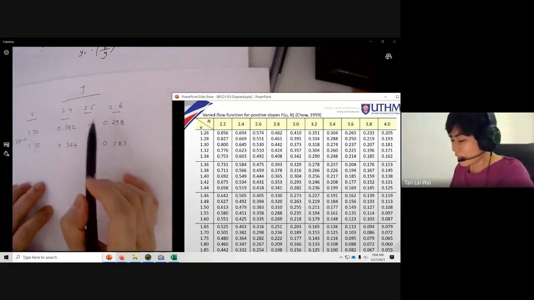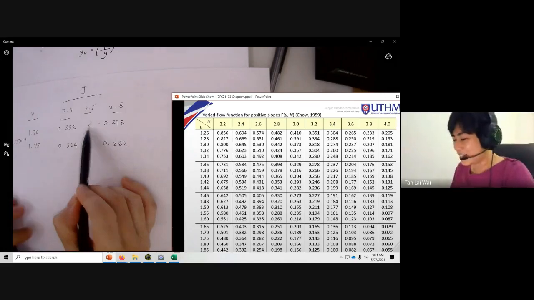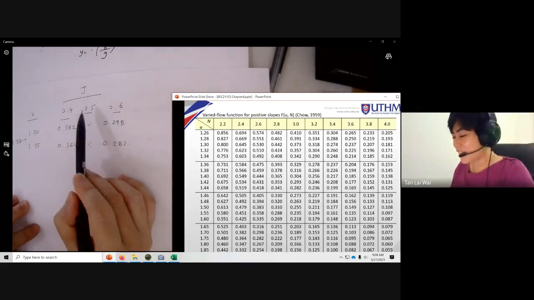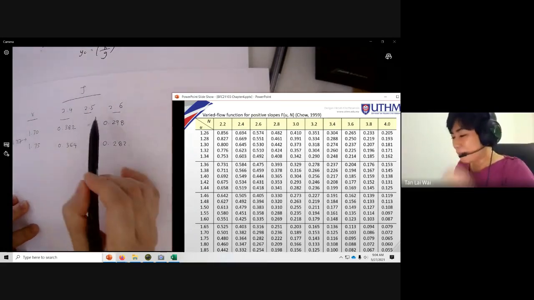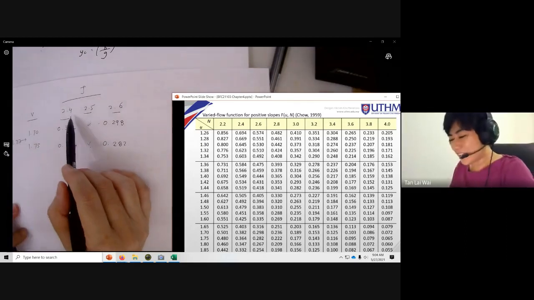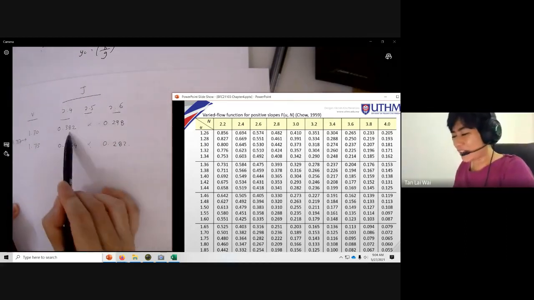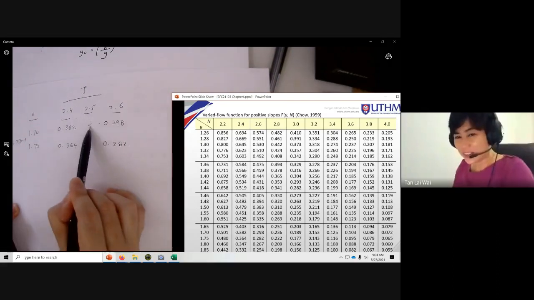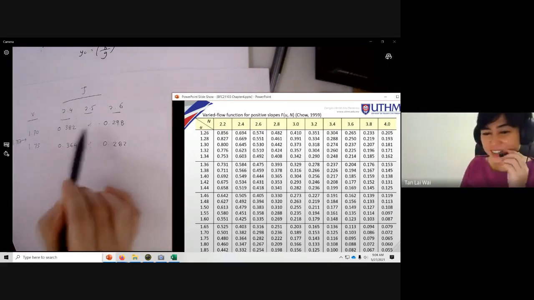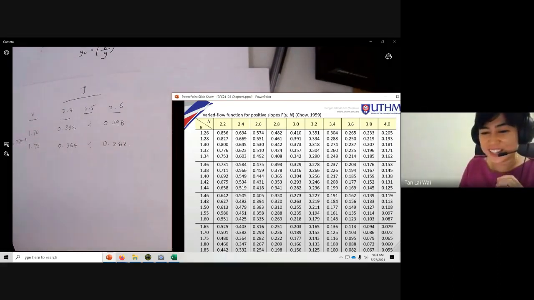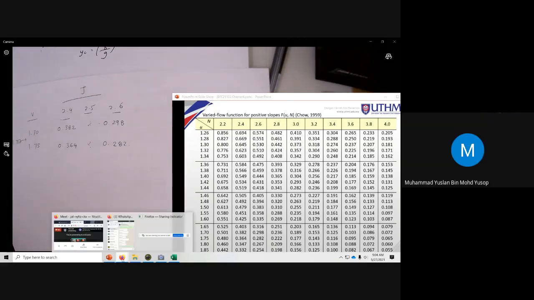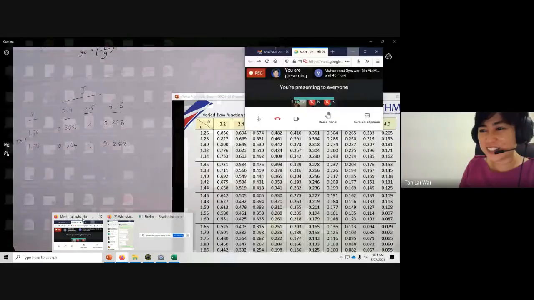Now the same thing here. Look at this. 2.5 is actually the average of these two. By right, if we do linear interpolation, we can average these to get this value as well. Agree or not? Setuju tak? Setuju kan?